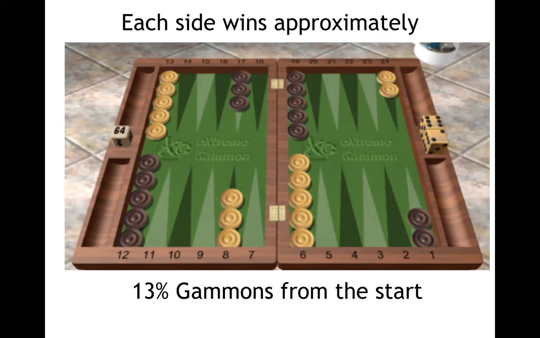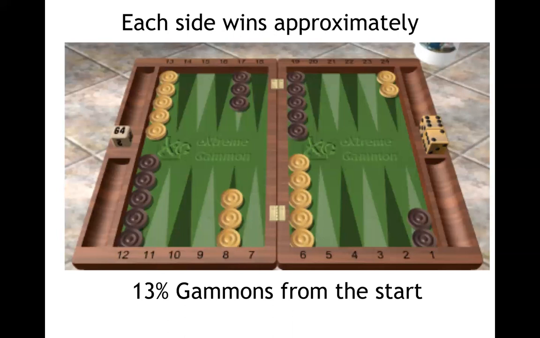I'm not going to get into now why that's necessarily useful to know, but it does come in handy. When I'm evaluating more complex positions, I'll always say to myself as a reference, am I winning? Or if I'm being doubled, am I losing more gammons than the starting position? So I use the starting position as a balance to think, am I winning more or fewer gammons from that position?